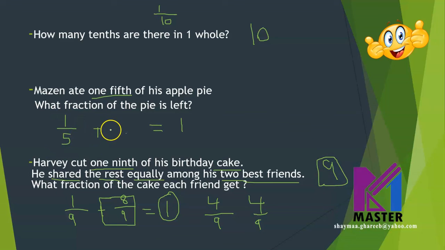So what fraction of the pie is left, or how many fifths are left? We said the total number of parts must be 5, and this is only 1 part, so there will be 4 parts left, which is 4/5. So the answer to the question will be 4/5.